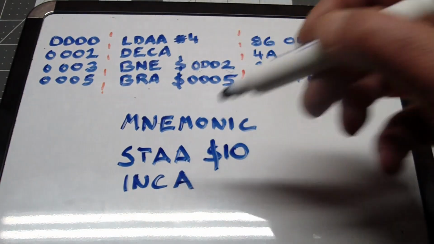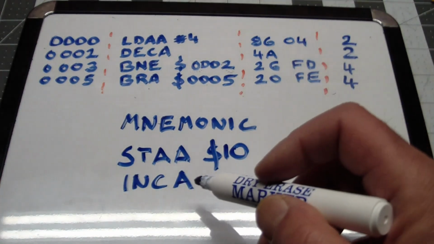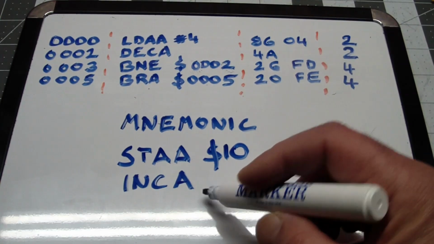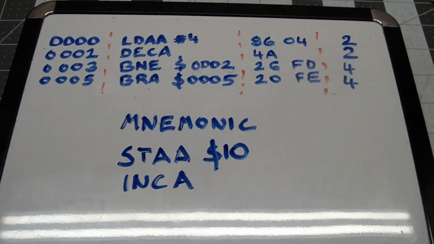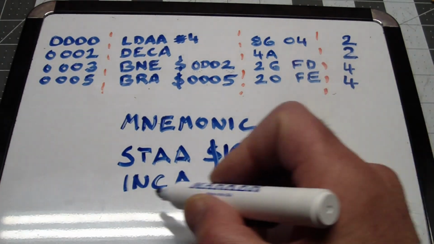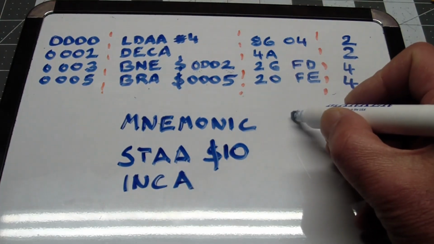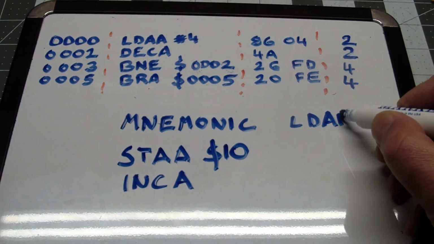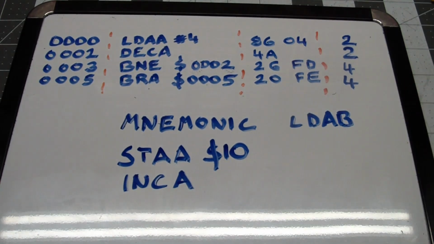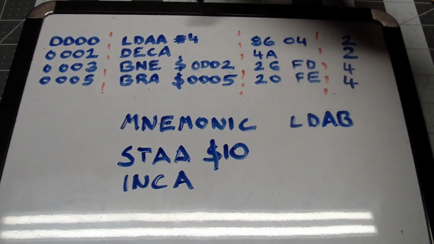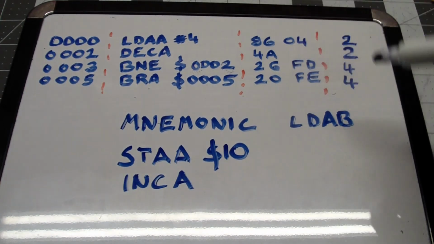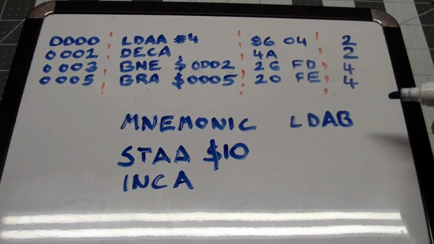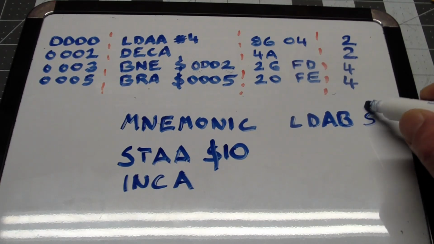We've used accumulator A for everything we did here, but we can easily switch to B. Our first instruction would become load accumulator B, and instead of being immediate, i.e. loading a constant, we can tell it to load from memory location 10.